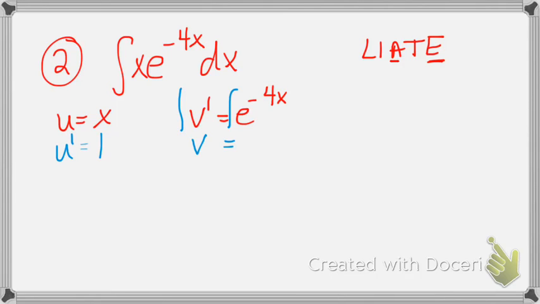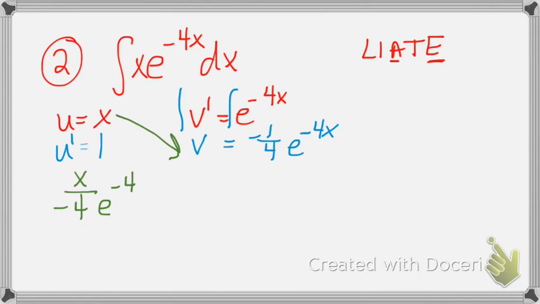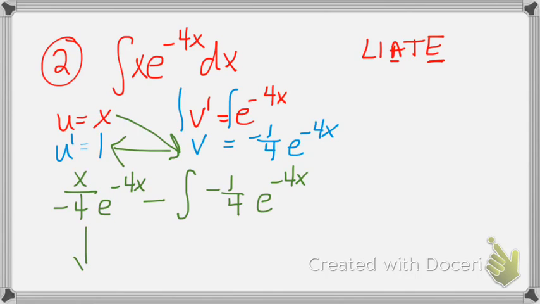Alright, you got to think about u substitution in that power. u is negative 4x, du is negative 4. So there's a negative 1/4 on the outside, and then the antiderivative. Now do the formula. uv minus the integral of v u prime. So it's negative 1/4 e to the negative 4x. Bring all that down, but I'm going to simplify this next one a little bit just to make it easier.